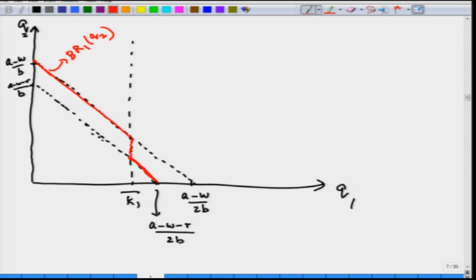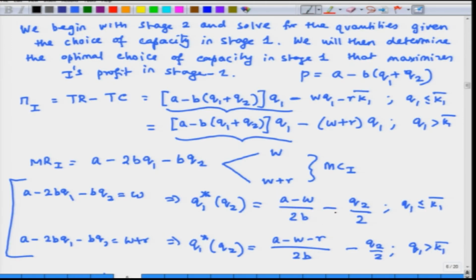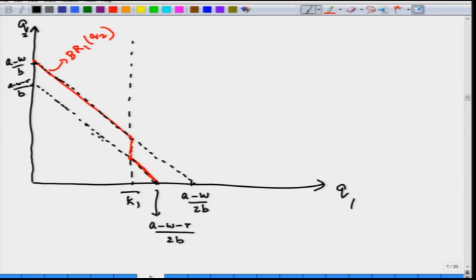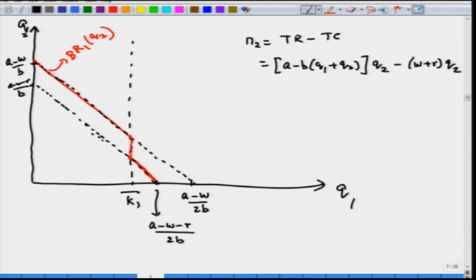On the other hand, as far as firm 2 is concerned, there is just one marginal cost, which is W plus R. So, pi 2 is again total revenue minus total cost, which is the price, A minus B times (Q1 plus Q2), times Q2, minus the total cost, which is (W plus R) times Q2.